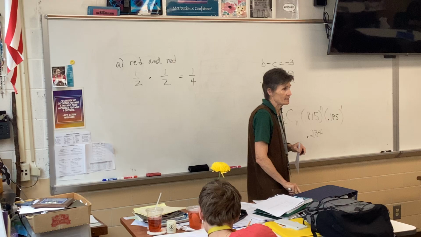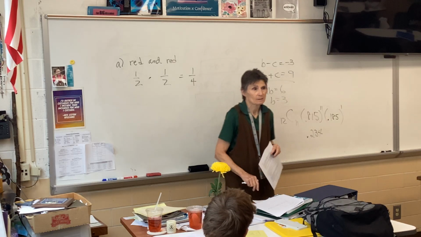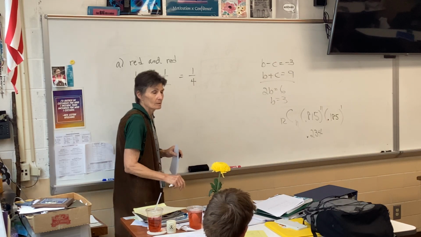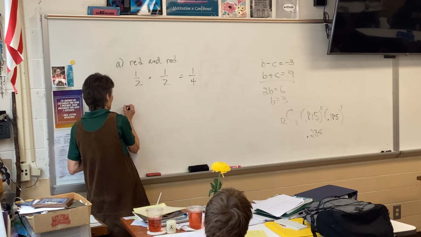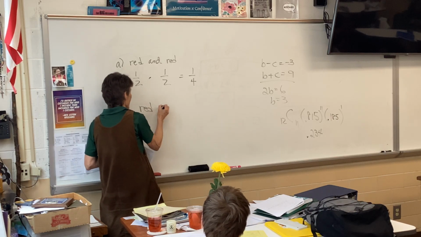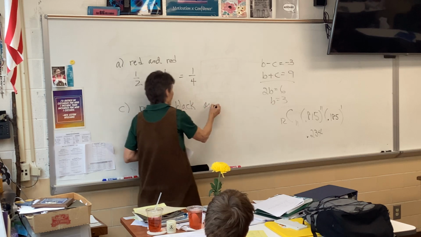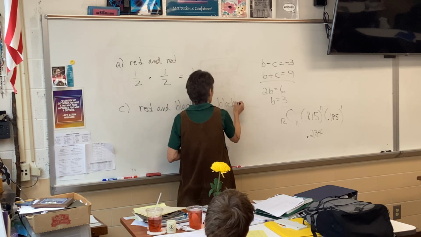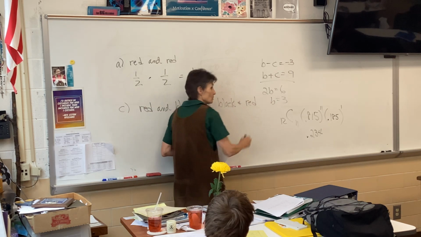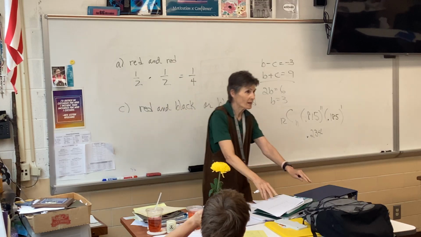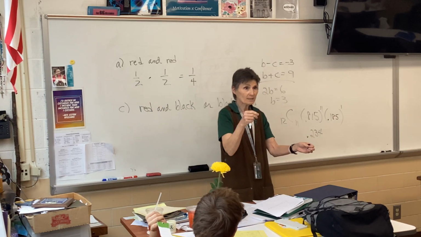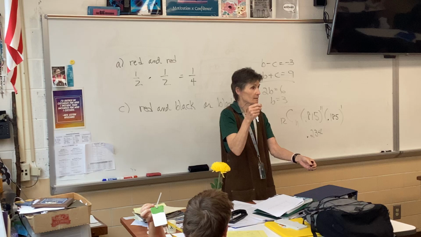Exactly 1 is red. Well, that means I'm going to get red and black, or I'm going to get black and red. Would you agree with that? Here are my 2 piles. I'm going to get black-red, or I'm going to get red-black.